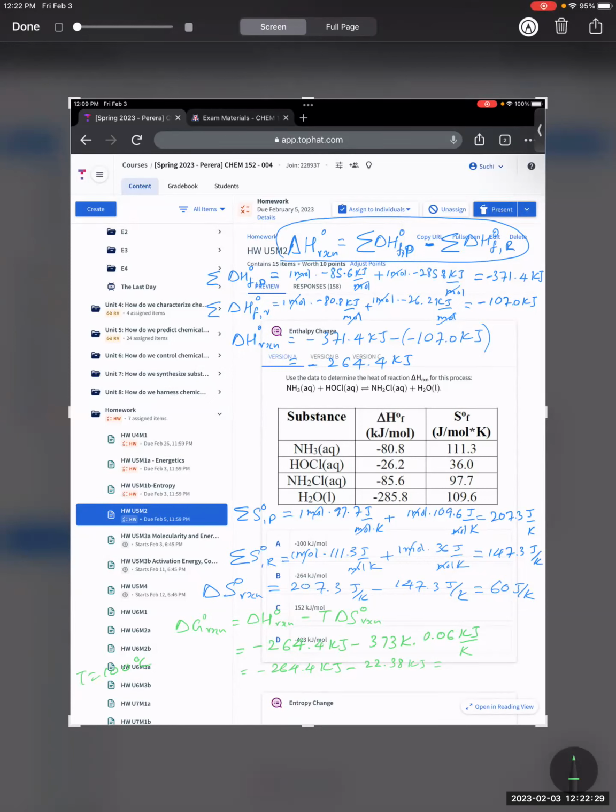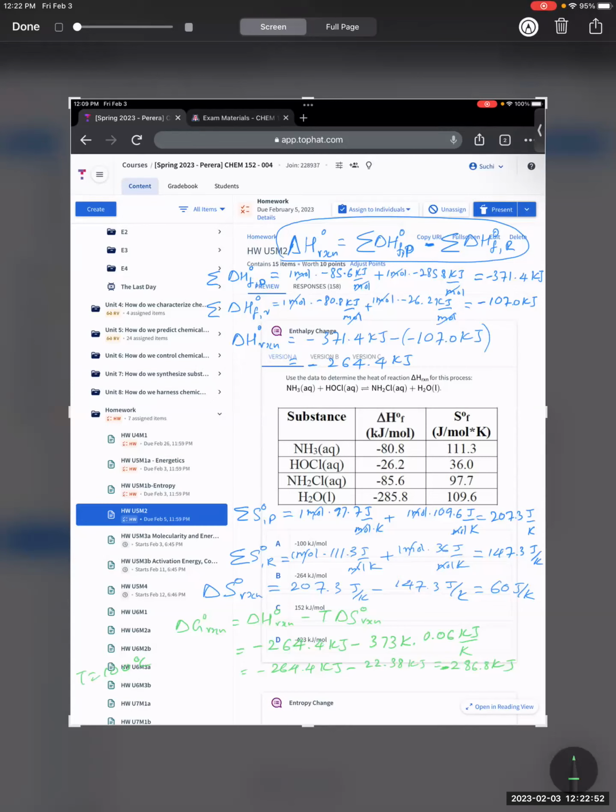And if you do this math, you're going to get 286.8, a little bit less than that, but anyway, let's say 286.8 kilojoules negative.